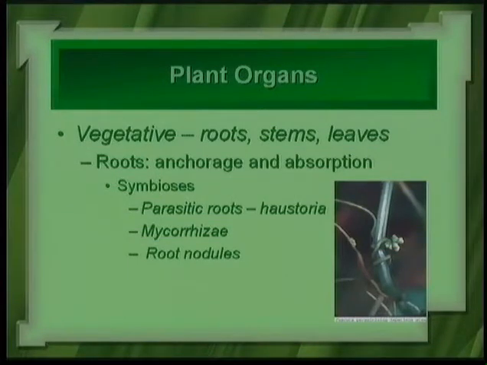Now, another kind of symbiosis is called root nodules. Root nodules are found in legumes, things like beans, peas, clover and alfalfa, koa haole, even koa itself, the native koa of Hawaii. These are leguminous plants. They're in the plant family Fabaceae.